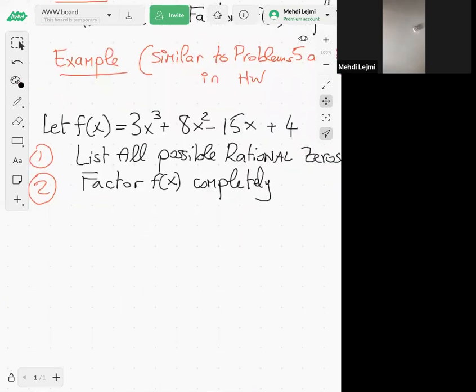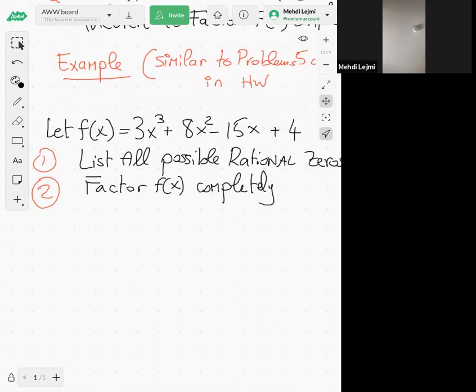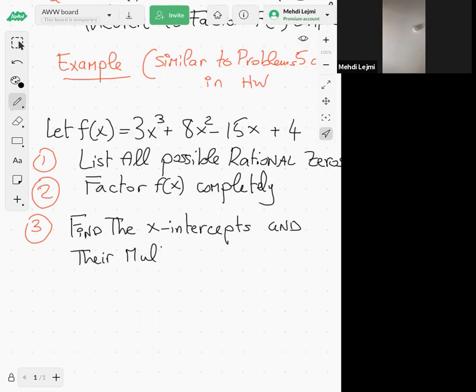3, find the x-intercepts and their multiplicities. 4, find the y-intercept.